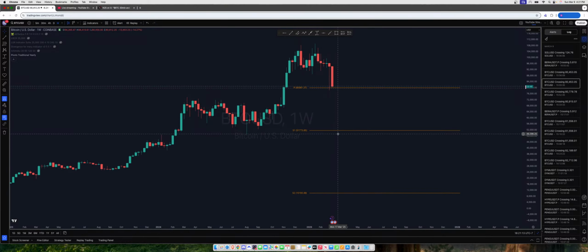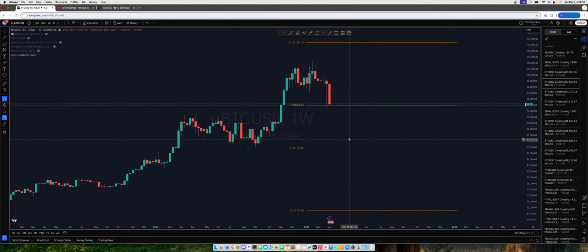But yeah, S2 is not something I personally would expect. $10,000 Bitcoin, I personally don't see that happening, but it's Bitcoin. You never know. I can definitely see 50 to 60 to 70K, somewhere around there. The areas that we marked out earlier on our LG levels. But yeah, this is the yearly pivot for Bitcoin.